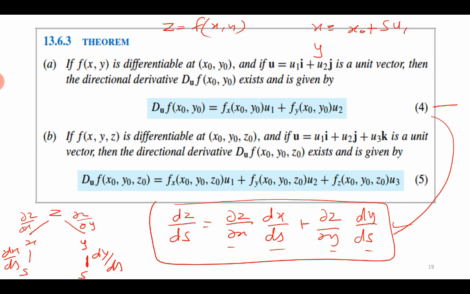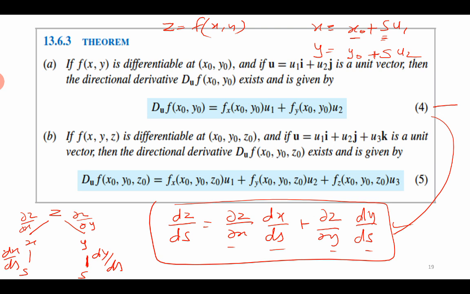Again, y is a function of s. s is the variable here now, the distance, and it is the only thing that varies, because x0, y0 is a fixed point and u1, u2 are fixed components of the vector. So the only variable is s, and y is y0 plus s times u2.